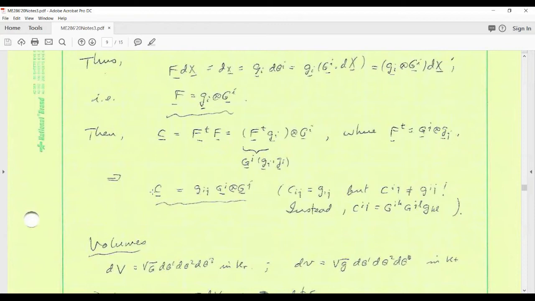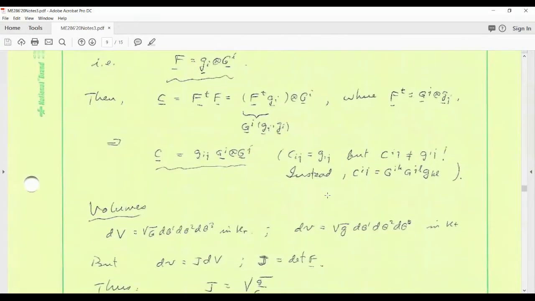They're just the covariant components of the Cauchy-Green deformation tensor with respect to the referential dual basis. So if we could write that, we could identify the covariant components here as just these, the metric in the current configuration, subscript.